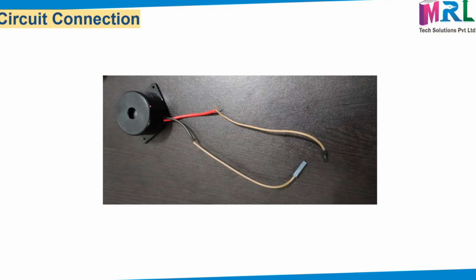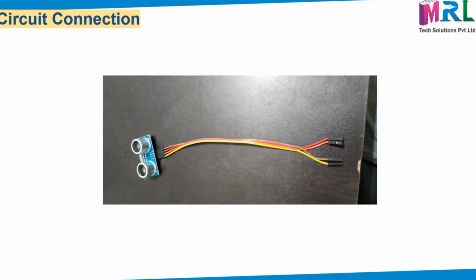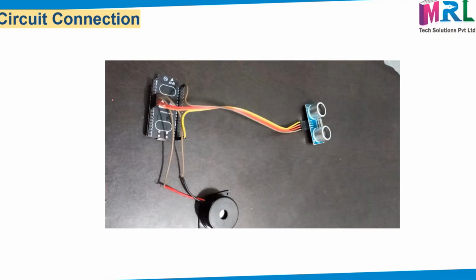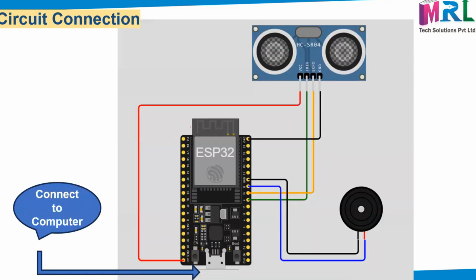You just connect the wires like this. This is the female port. Connect that anywhere to the buzzer. After that, take 4 jumper wires and connect them with the 4 terminals of this. Connect in this ESP. For reference, you can see this one.